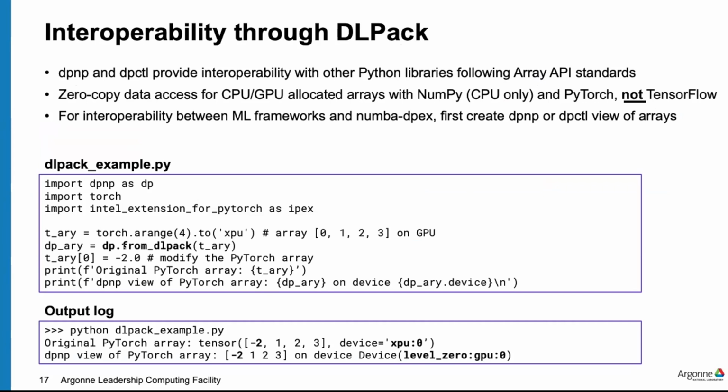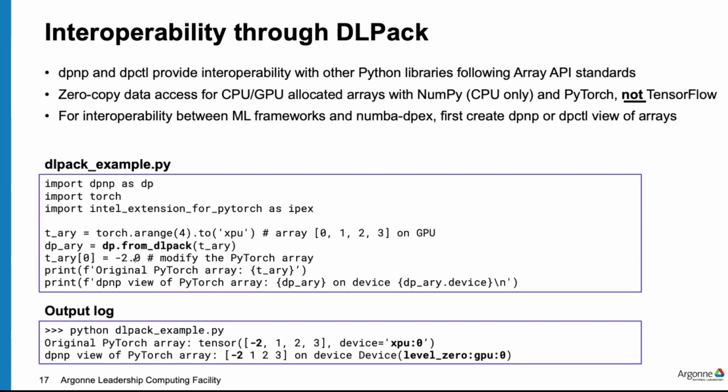But again, this is a very simple example to show how you can create a PyTorch array and move that over to the GPUs. And then you can call from_dlpack to create a DPNP view of that array.